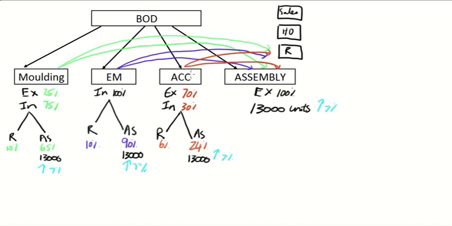Okay, so this is what I did in the previous video, and here we can see, for instance, external sales of the molding division was 25%, external sales of accessories 70%. So we want to look at those numbers there.